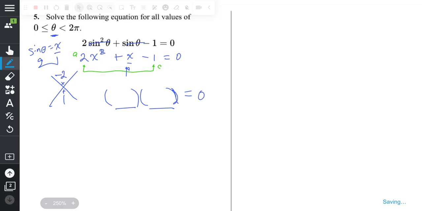If you remember, thinking -2 and +1. Multiplies up, adds up. This is not your answer. Got to remember our factoring strategies. This is not your answer because x times x certainly does not make 2x squared.